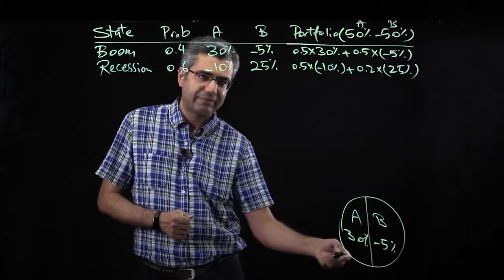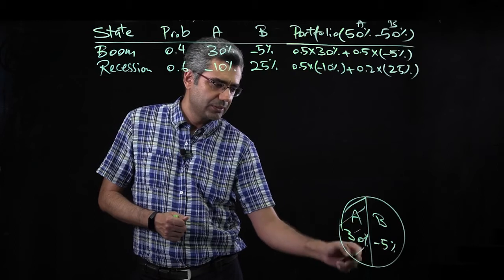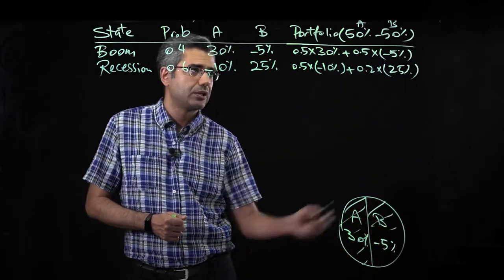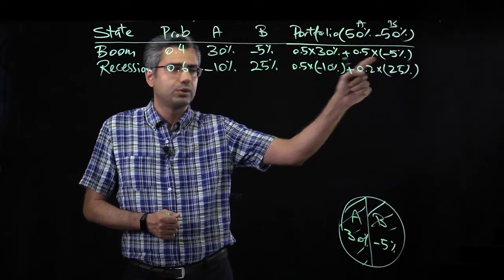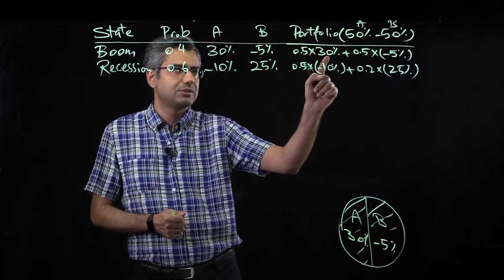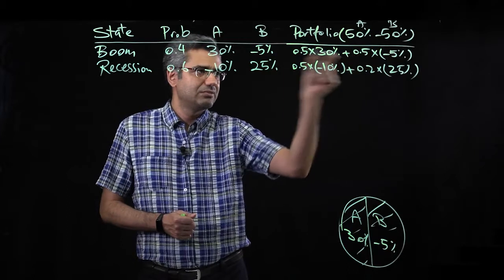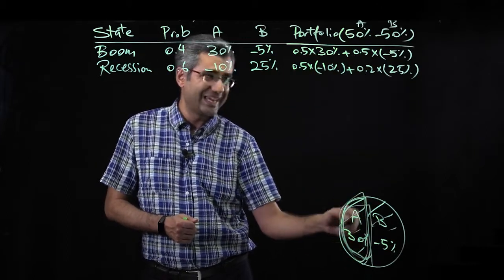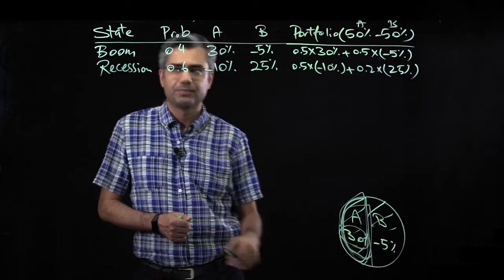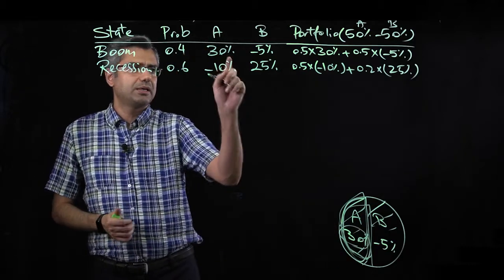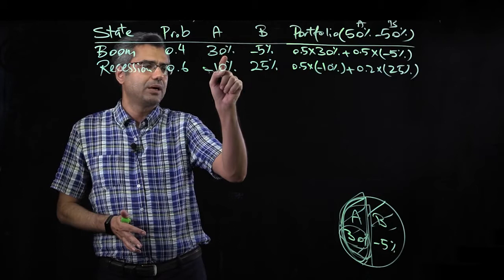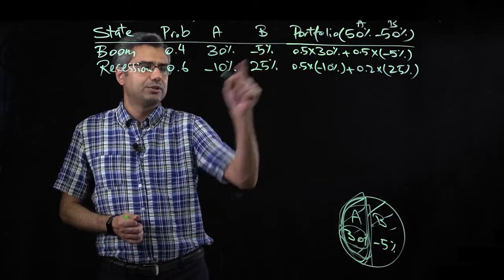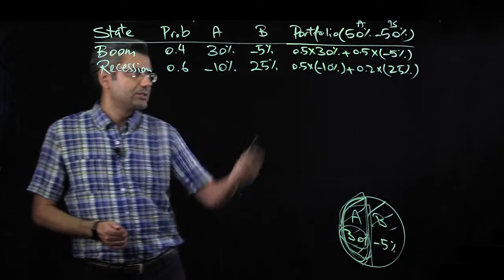So now what is the average? 50%, 30% return, 50%, 5% loss. This is the reason we write the formula like this. 50%, 30% return. It means this 50% is the weight: how much of the portfolio is A, and then how much is the return. So basically we just multiply the weight of A by the return of A, plus weight of B by the return of B. And this is the expected return.